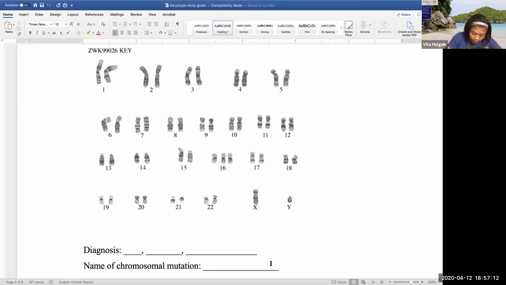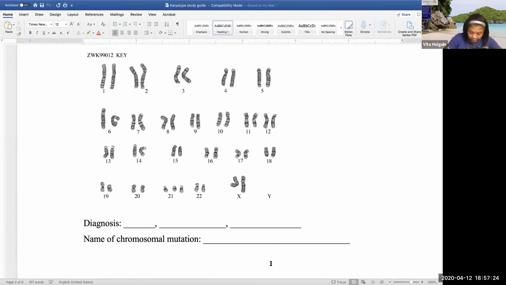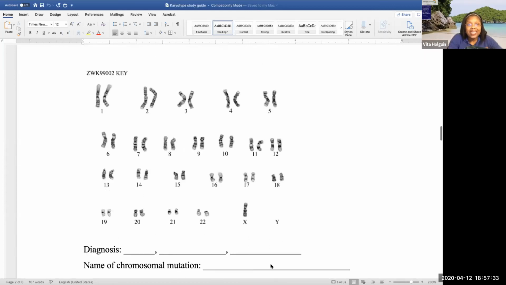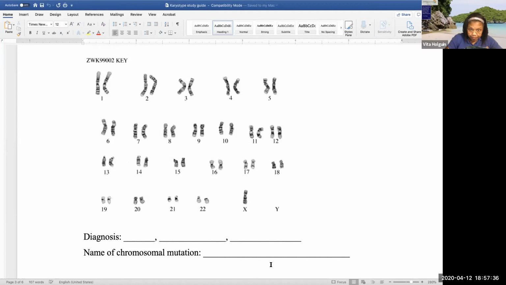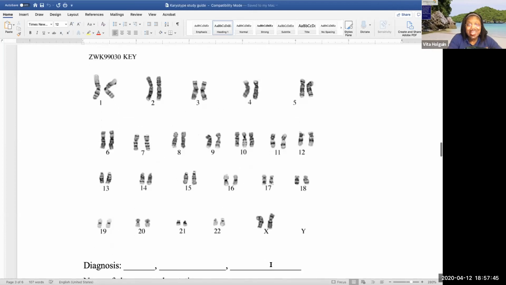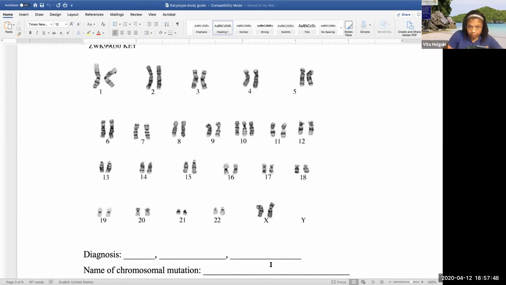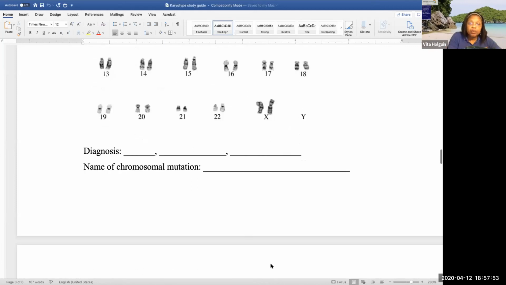This one here is going to be number 6. Feel free to pause it as you need to. This is number 7. This is number 8. This is number 9. This is number 10.